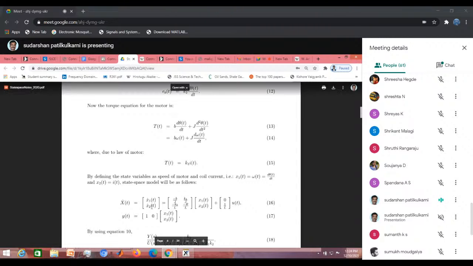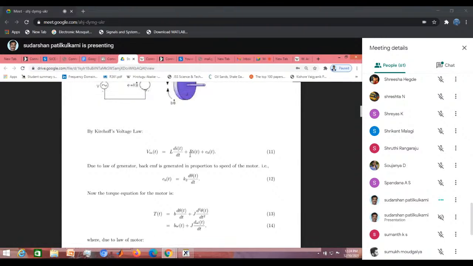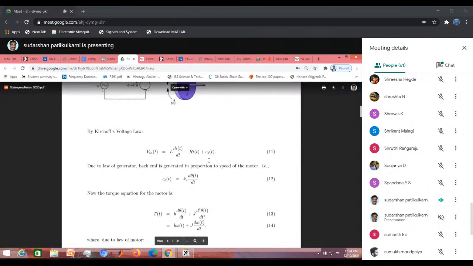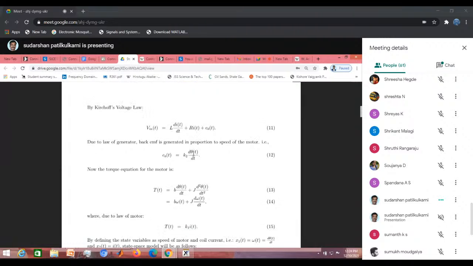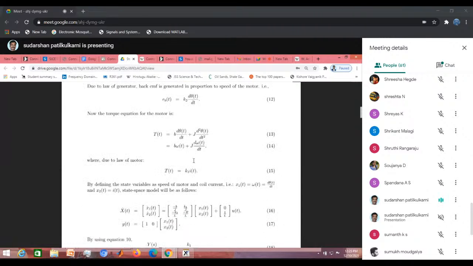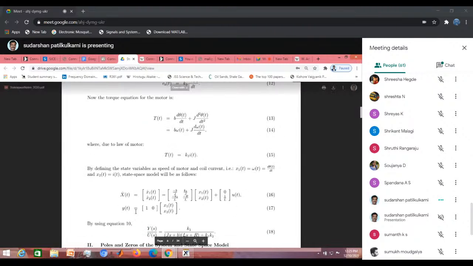Then x2 dot of t is di by dt. So what is the expression for di by dt? It is minus k2 by L omega of t minus R by L I of t plus 1 over L u of t, and y of t is [1 0] times [x1 x2].